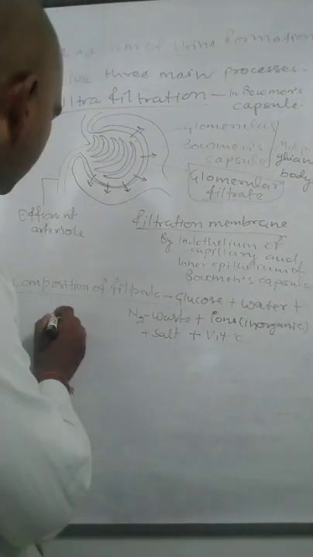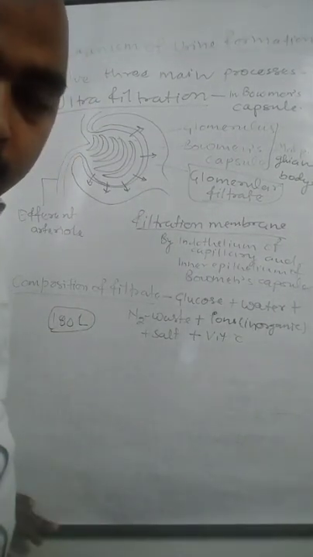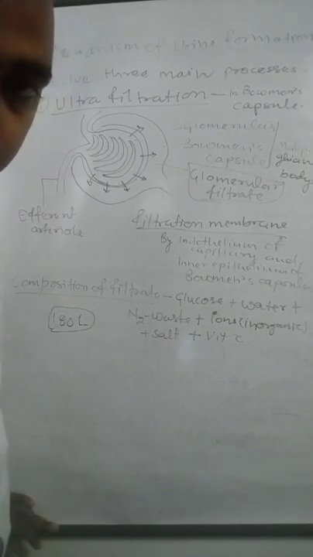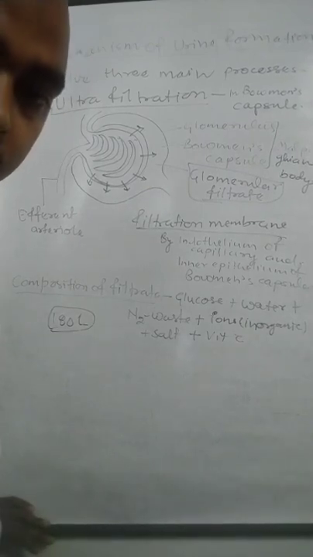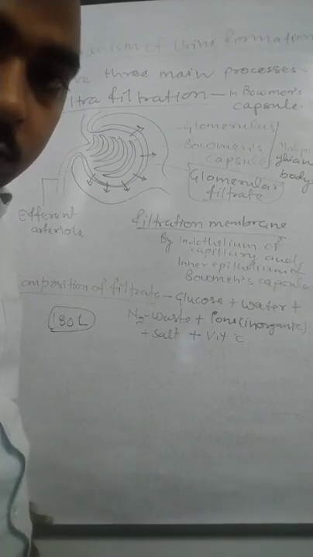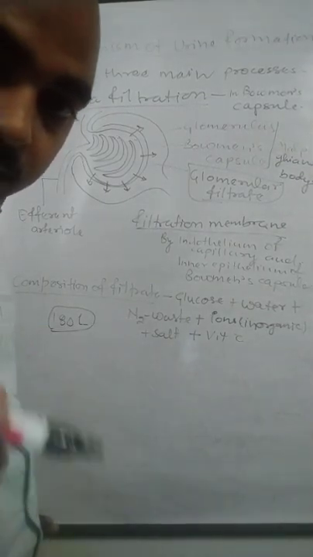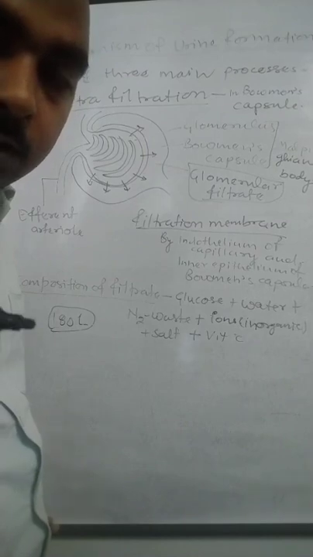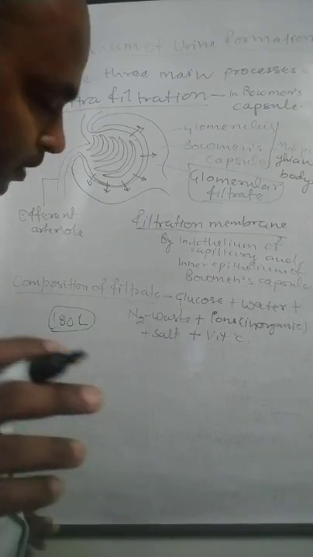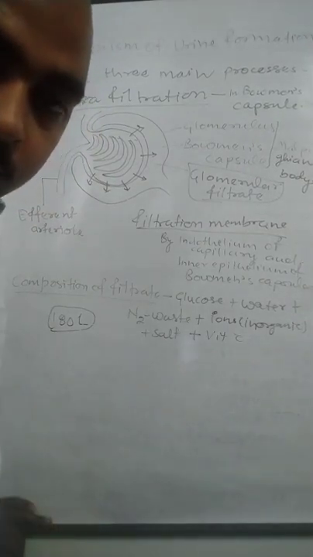About 180 liters of filtrate form in a day, but the amount of urine per day is about 1 to 2 liters. So there is a requirement for the next process, selective reabsorption, to make the urine concentrated and reduce this amount.